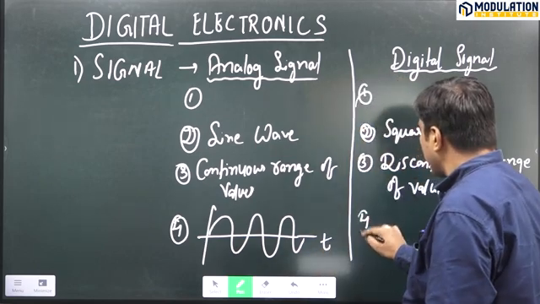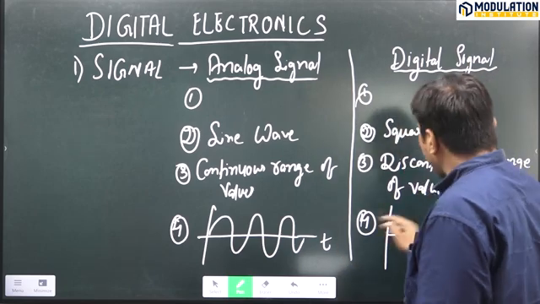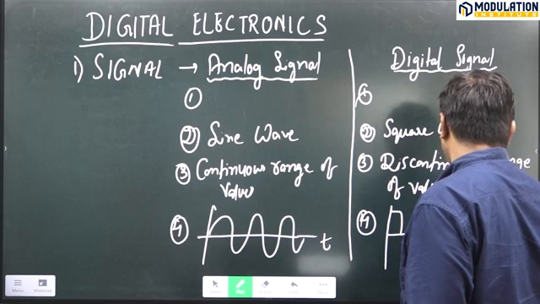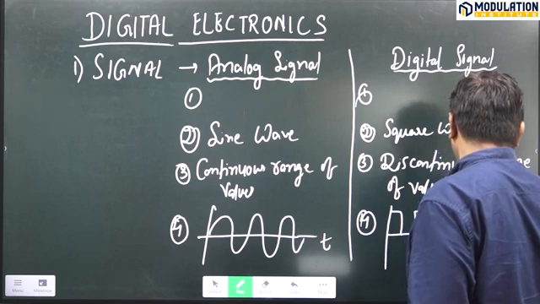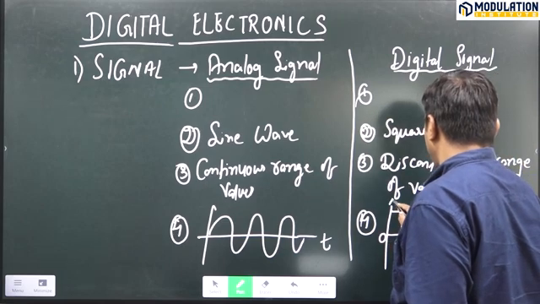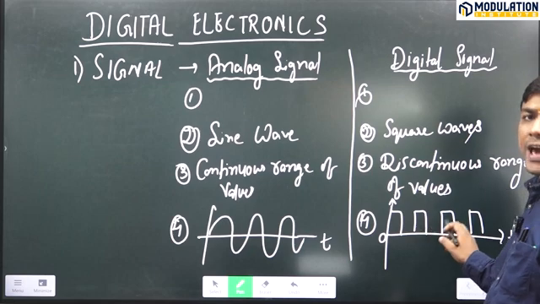We can see in case of digital signal, these are some of the square waves.